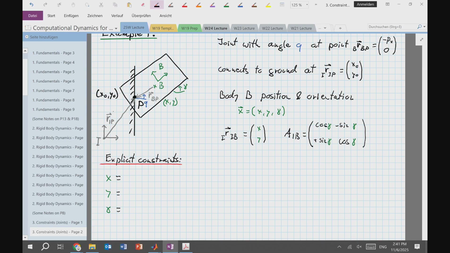X of B, correct? X of B or X of I? X of B in I coordinates. Right? This is my definition of x. The first coordinate of the vector RIB in I coordinates. What is that?